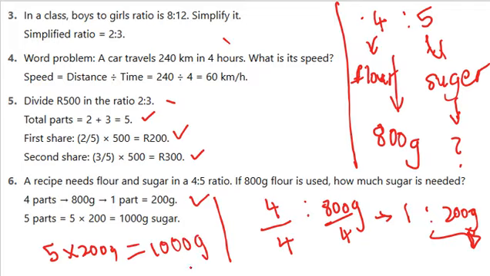Okay, and this 1000 grams is for sugar. So now we know how much sugar it's gonna be: 1000. So the steps here are, look at what you are given. You are given the 4 units for flour, and it's said to be 800 grams. What you need to do is to find how many grams 1 unit is. Then take that amount and multiply it by the 5 units to see how much sugar it will be. So that's the simple way of solving it.